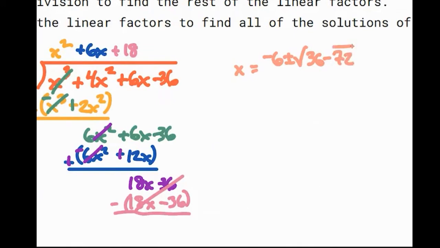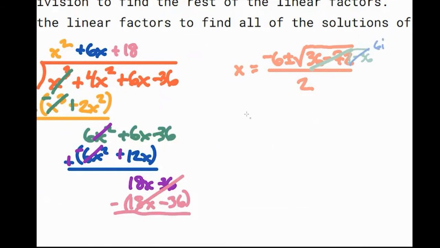So that should be 72. And then we're dividing all this by 2. Okay. This part right here is going to cancel to be the negative 36, with the square root of negative 36. Well, that's just going to be 6i.